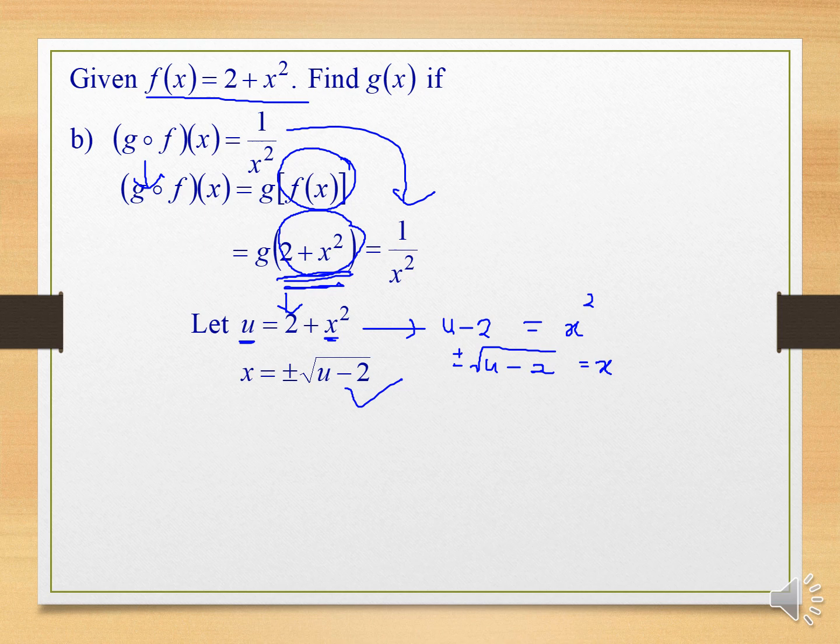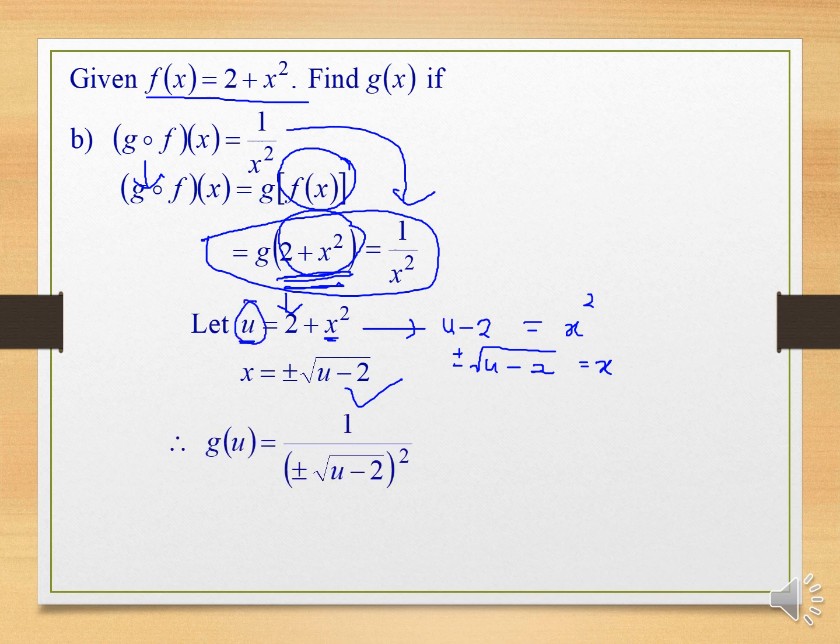From here, we already let 2 plus x squared as u. Therefore, we get g(u) equals 1 over x squared now in terms of u, which is 1 over plus minus square root of u minus 2, squared, which is 1 over u minus 2.